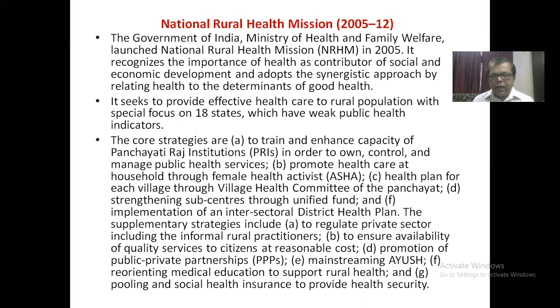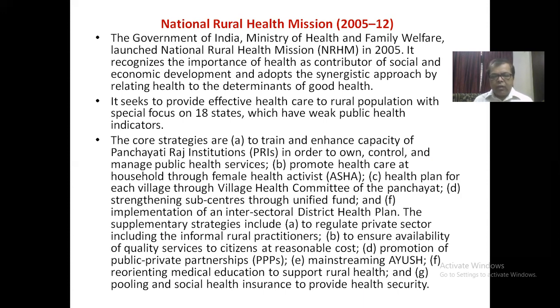Then promote health cadre at household through female health activists, that is ASHA. Then health plan for each village through village health committees. Now these village health committees became the village health and sanitation committee. Some kind of a structure should exist at the village level. The village health and sanitation committee will be responsible for taking care of health and sanitation needs at the village level.